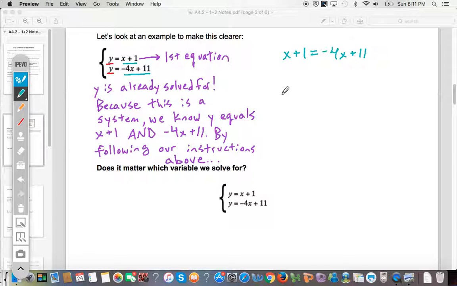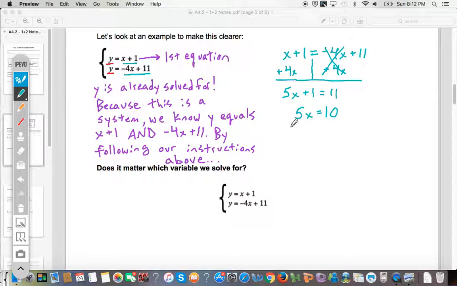Then we're just going to solve. So I'll add 4x. Negative 4x plus 4x cancels. I'm left with 5x plus 1 equals 11. Subtract 1 over to this side, so I have 5x equals 10.